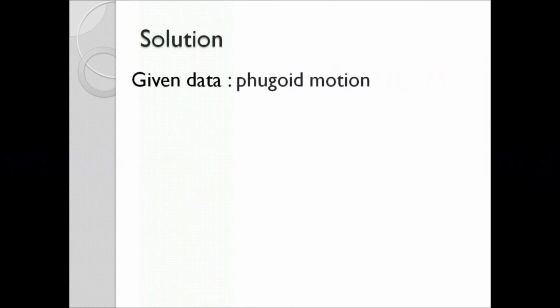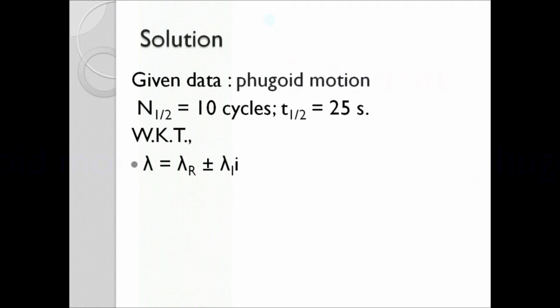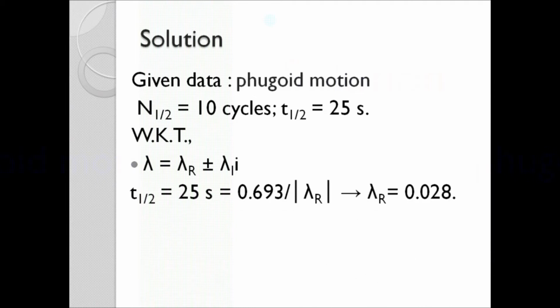First, the given data. It is a Phugoid motion. Now what is the given data? 10 cycles, and the half time period is 25 seconds. Now we know the characteristic equation, that is lambda equals lambda r plus and minus lambda i times i.